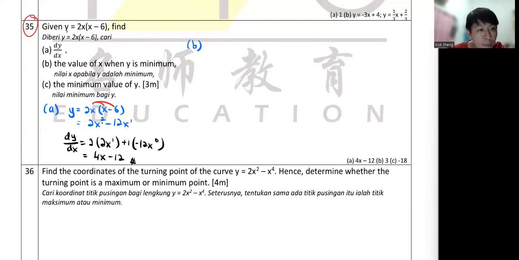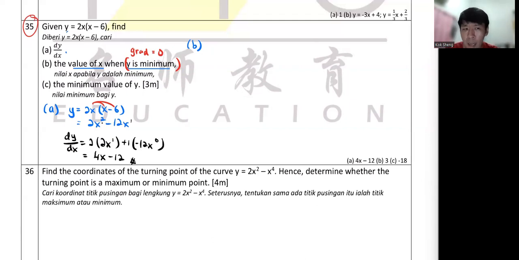Okay, next, find the value of x when the y is minimum. Y is minimum, this part here. So it's the same as just now about the gradient of tangent. Y is minimum, saying that the gradient of the y is 0.